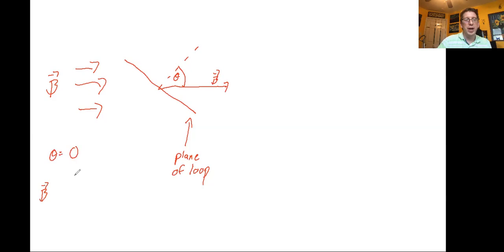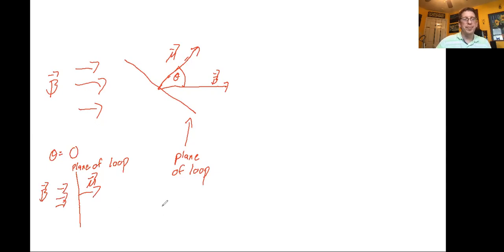you have the plane of the loop like this. And so we'll draw this as the dipole moment vector. So mu is like that.